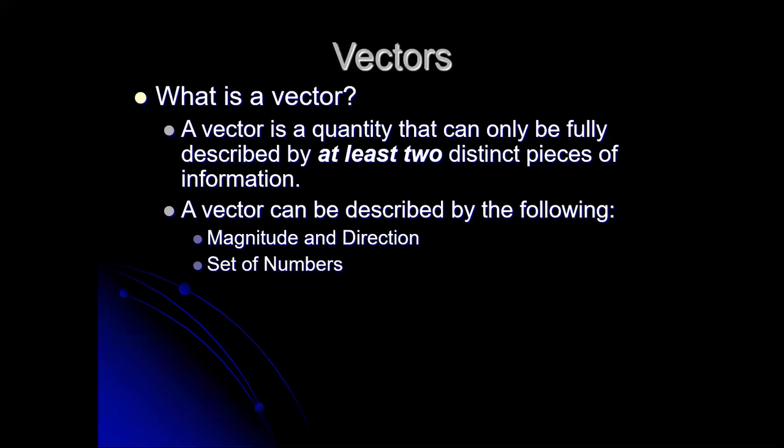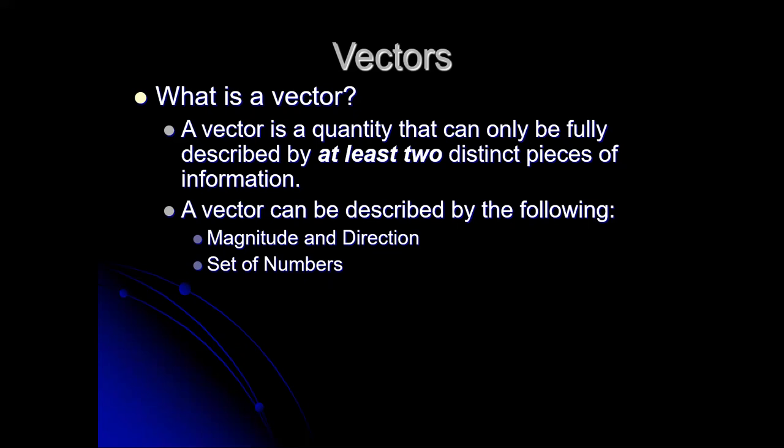We can also work with vectors in terms of just a set of numbers. Directions can sometimes be a little tricky to deal with. Directions can be described in words by saying up and to the left. It could be described by a compass heading, saying, well, north, northeast, or described by an angle, 30 degrees above horizontal.